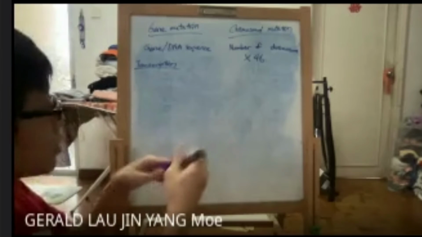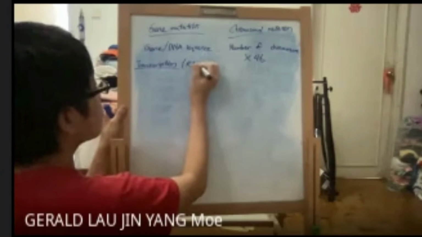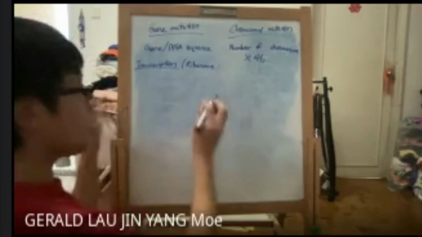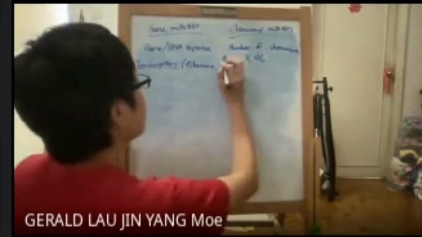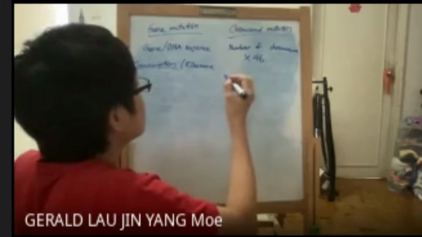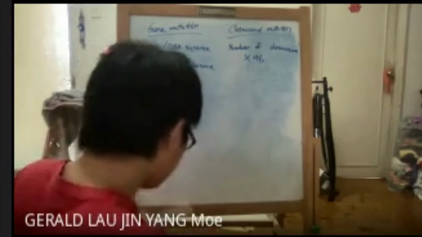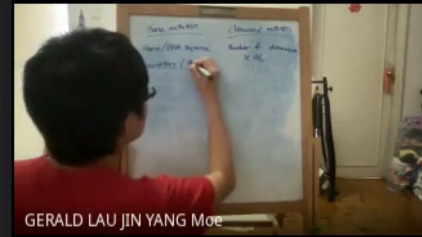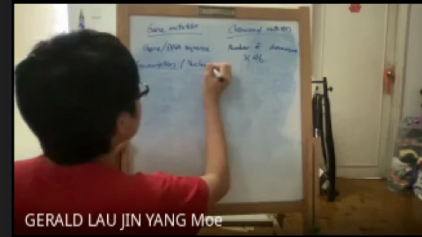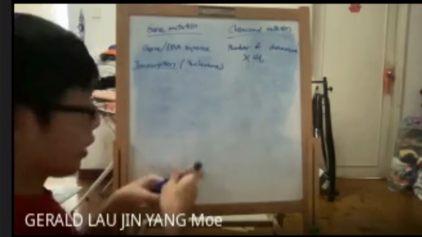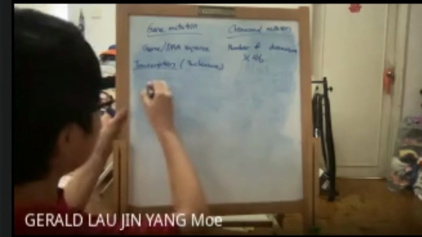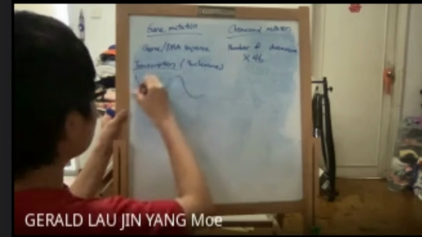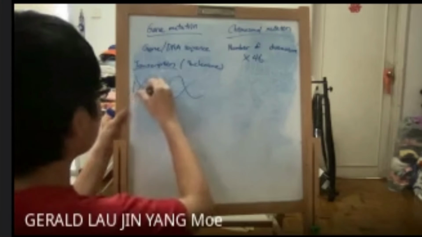Transcription occurs in the ribosome. Oh, sorry, it's not the ribosome. Sorry, it's in the nucleus, or nucleosome to be exact. What happens is our DNA, this is our DNA, the DNA double helix.